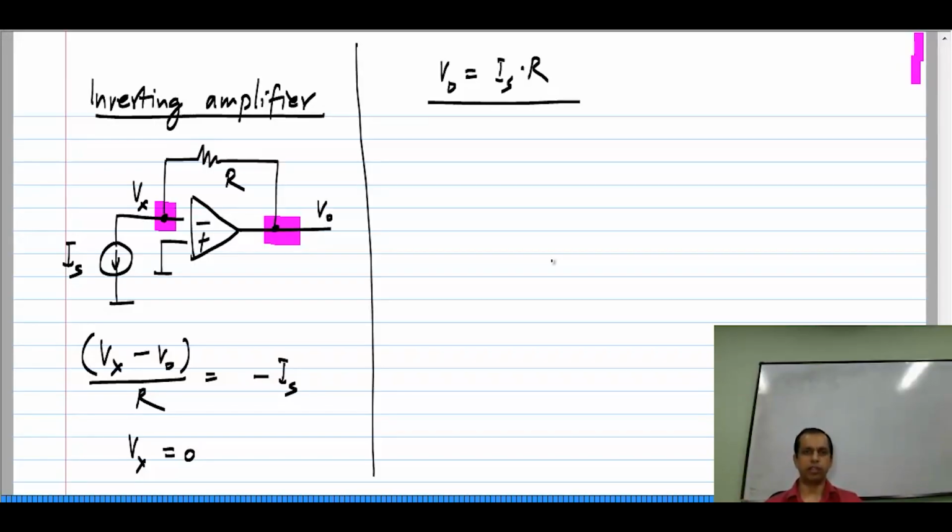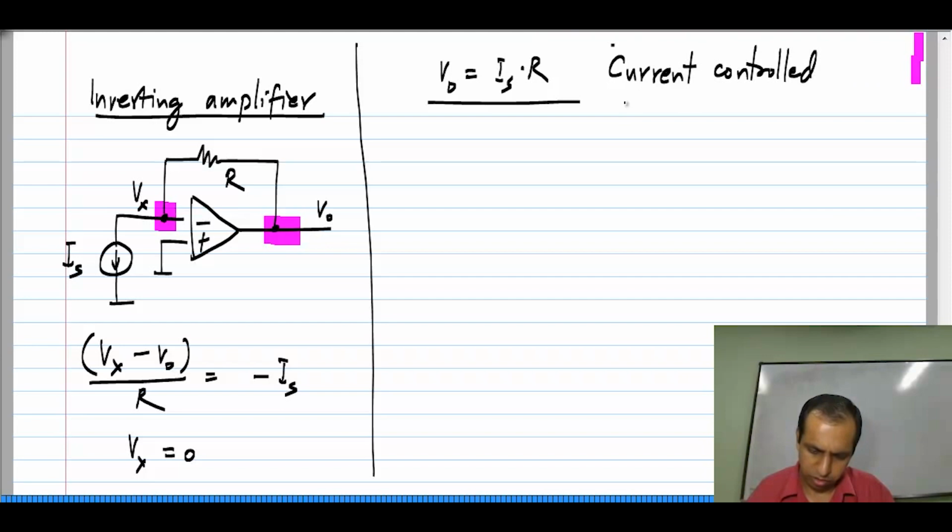The other standard circuit is the non-inverting op amp amplifier, which we have discussed earlier. Now, this has a current input and a voltage output, and this truly is a current controlled voltage source.